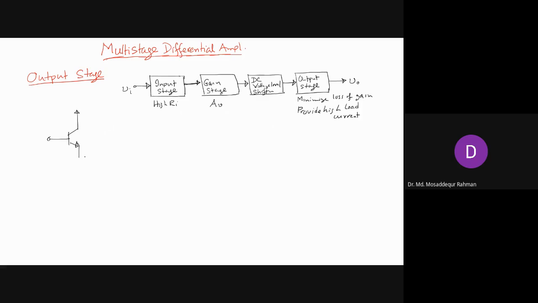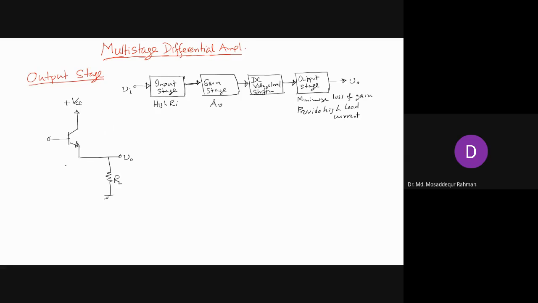So something like this. RL. Now, in the integrated circuit, we bias the transistor by using the current source.